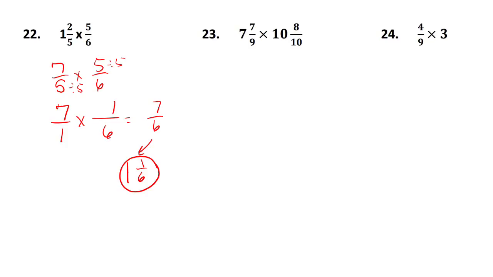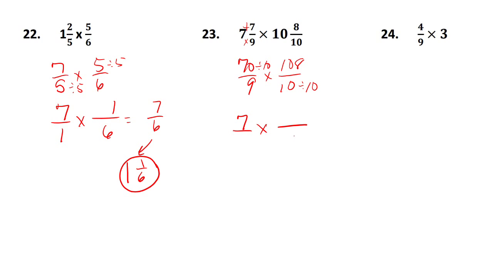Number 23, let's go ahead and create our improper fractions here. So 9 times 7 is 63, plus 7 is 70 over 9, times 10 times 10 is 100, plus 8 is 108 over 10. Let's cross simplify this to make our numbers easier. So we know 70 and 10 we can divide by 10 since they both end in 0.